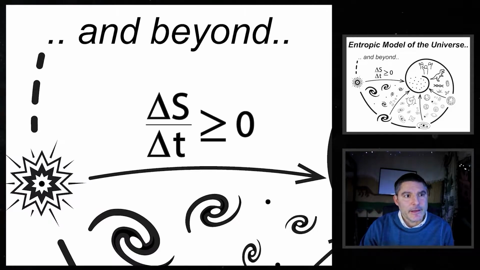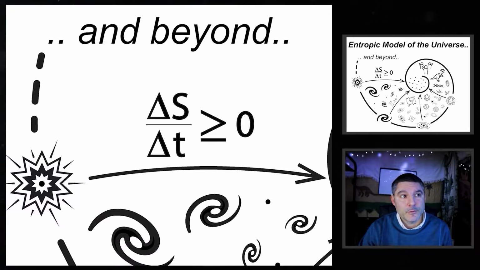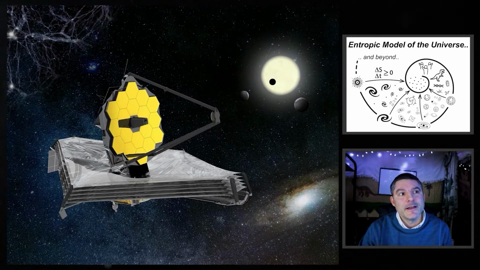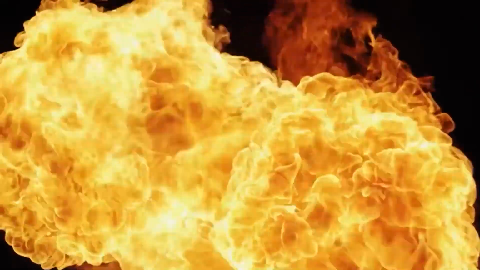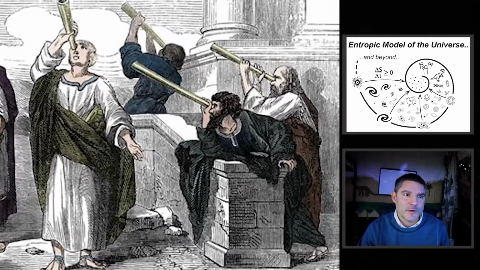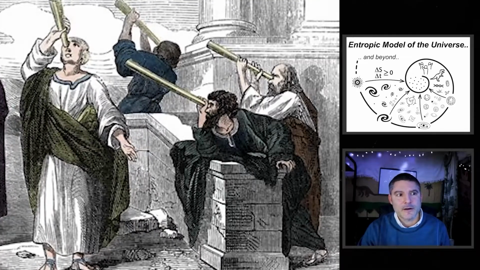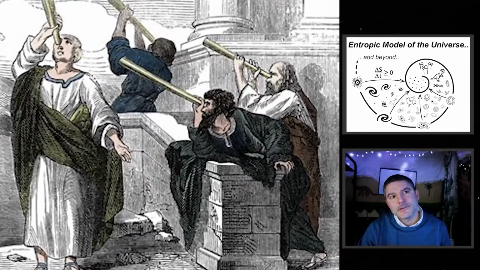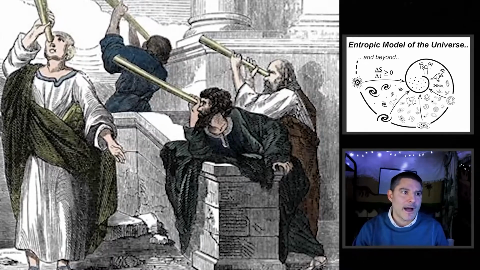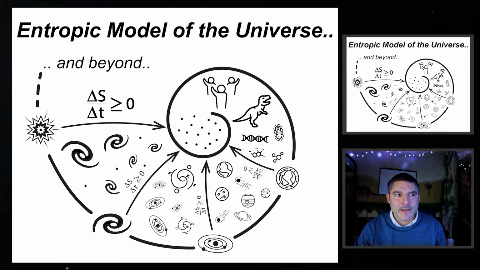So here's the idea: we cannot see further currently. Maybe this new Webb telescope will be different, but we can't see beyond the Big Bang, right? So we tend to think that that's the beginning. But according to this model, there was a time when we couldn't see beyond our star or beyond our galaxy. So there's absolutely no reason why this model would not extend to the next thing.